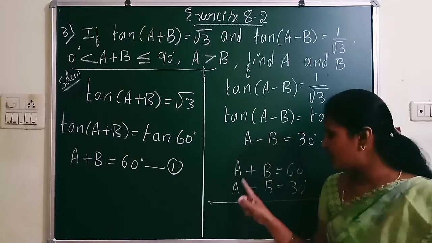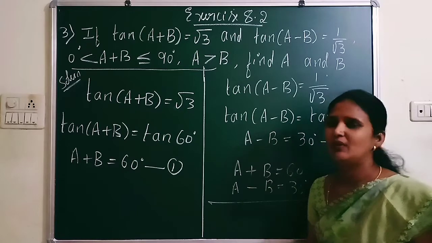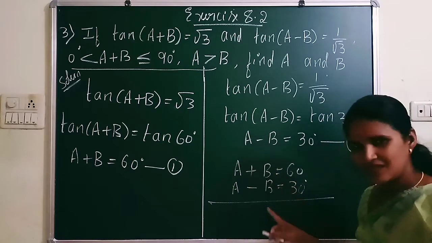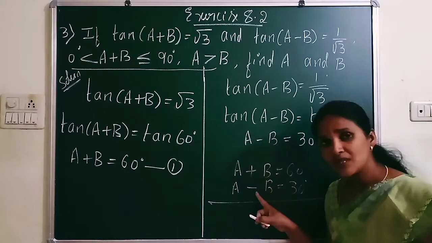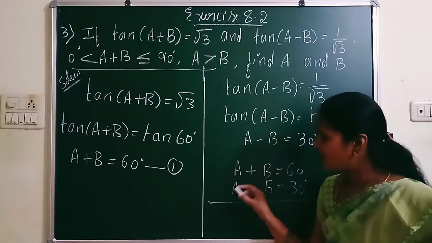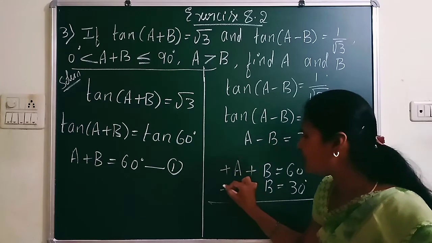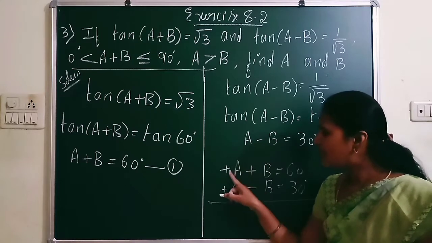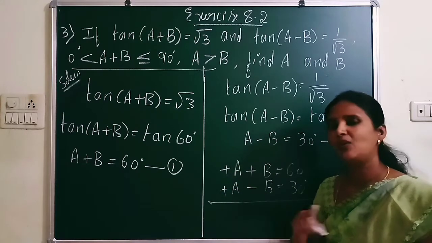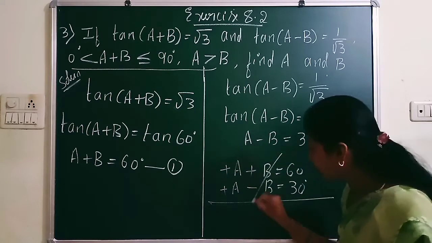I can eliminate B easily. Why? Because B is with opposite sign, but A is with the same sign, so I cannot eliminate A. So you can eliminate B.